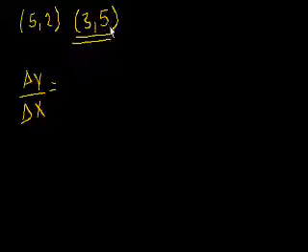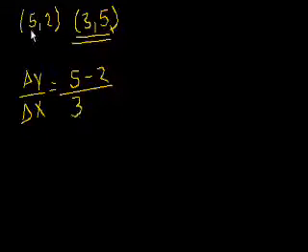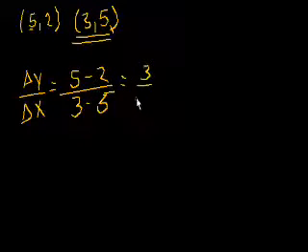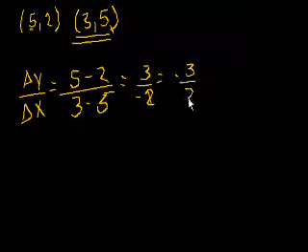Change in y would be this 5 minus this 2, over this 3 minus this 5. And that gets us 3, over -2, equals -3/2.